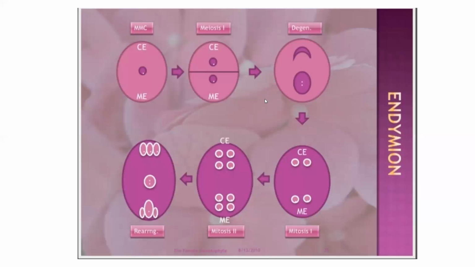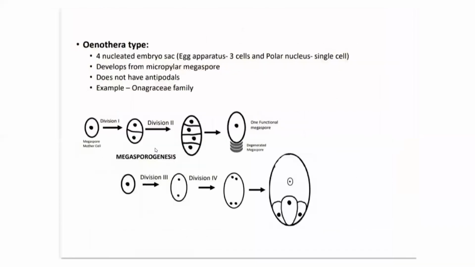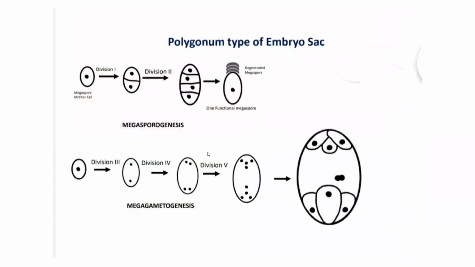After 2 mitotic divisions in each nucleus, the result is 4 nuclei. Only the chalazal haploid is functional and the remaining 3 are degenerated.